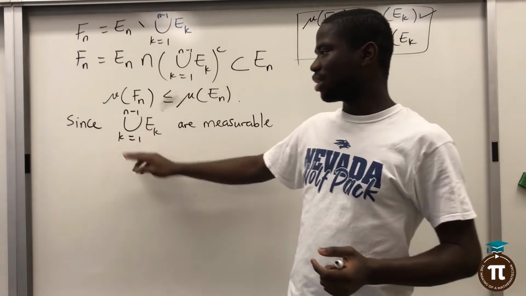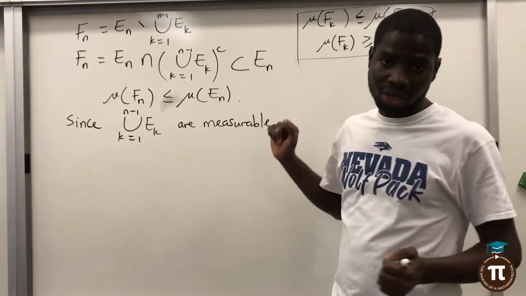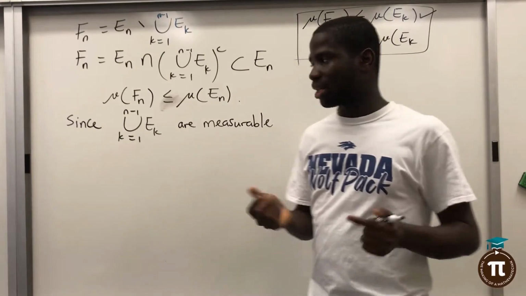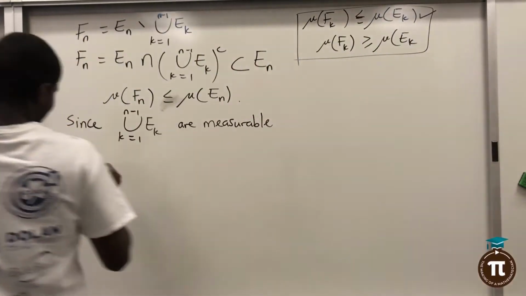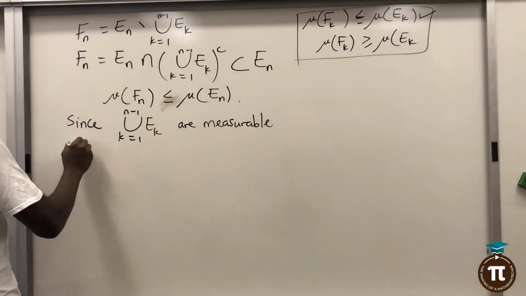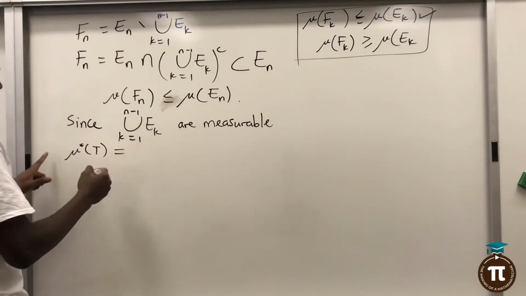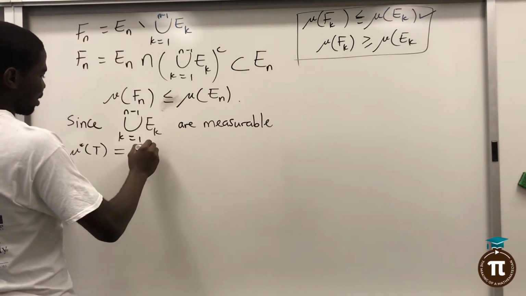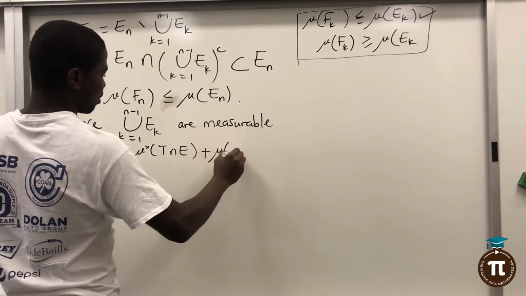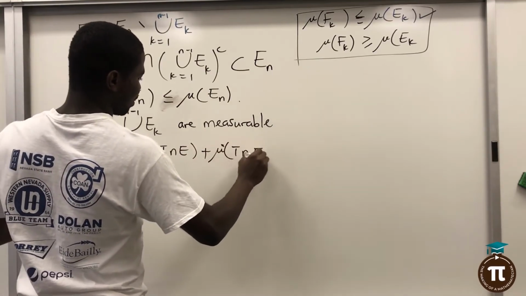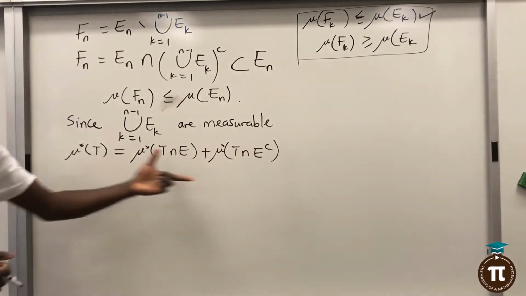But since that union is measurable, what does that mean? By the Caratheodory condition, the outer measure of T must be equal to the outer measure of T intersection E plus the outer measure of T intersection E complement. That is what the condition says.